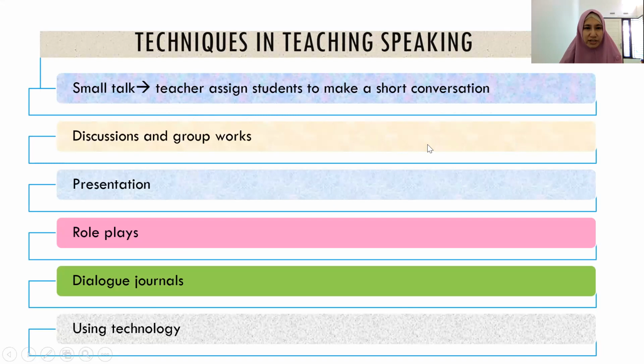It means teacher assigns students to make a short conversation. The second technique is discussion and group works. The third one is presentation. The fourth technique is role plays. The fifth technique is dialogue journals. And the last technique is using technology.